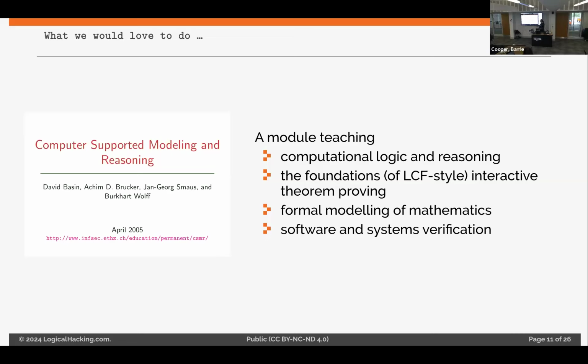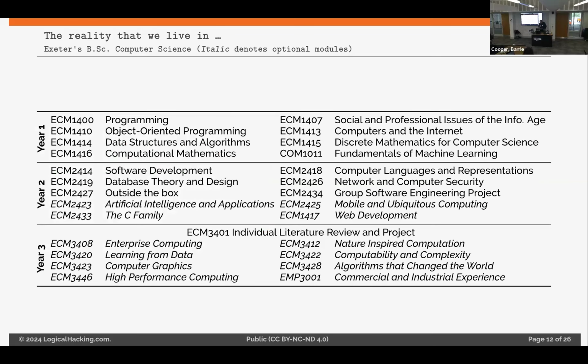Sadly, we're facing reality. We are currently working in an institution where computer science is being taught in a very applied way. I would even say it's more a software engineering program than a computer science program. Essentially, we only have one module in the first year that teaches discrete mathematics.